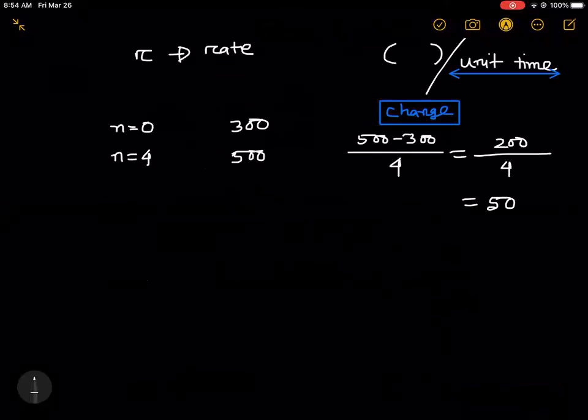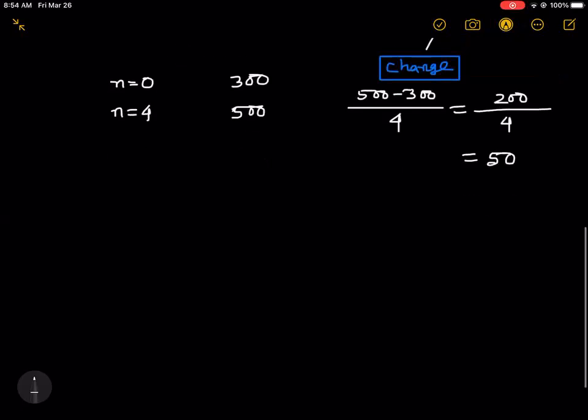But we still need to do just a little bit of modification to this, because if you remember, we used percentage for R. R was a percentage.